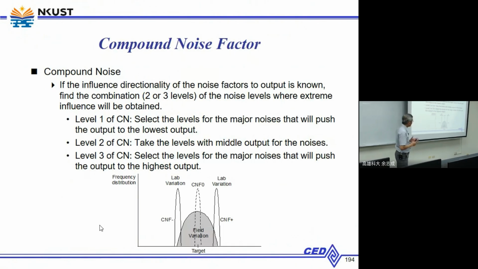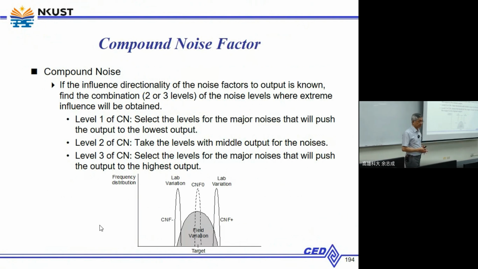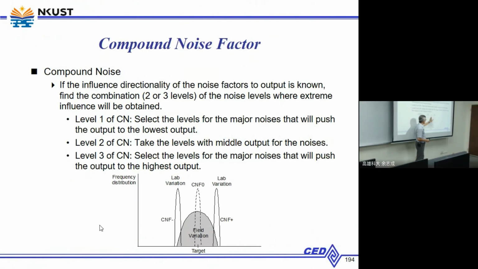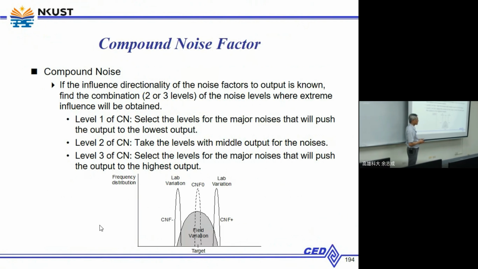In case we need 3 levels to estimate the distribution, the 3rd level, or I should say the center level, will use the nominal output, which means that we assume there will be no errors or no influence from the noise factors, which will make it the 2nd level. Level 1, level 2, and level 3, if you want to use 3 levels. But in most cases, we often just choose 2 levels.